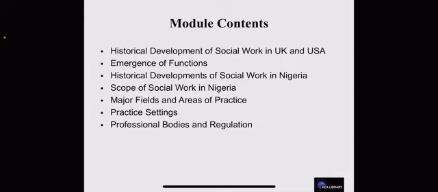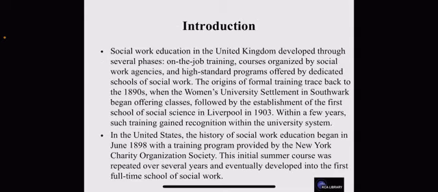So let's move on to the main content of the course, where we have the introduction to social work education in the United Kingdom. It was developed through several phases: on-the-job training, courses organized by social work agencies, and high standard programs offered by dedicated schools of social work.